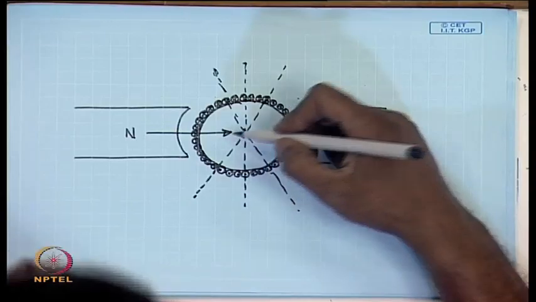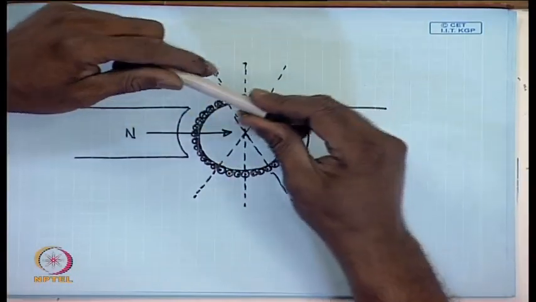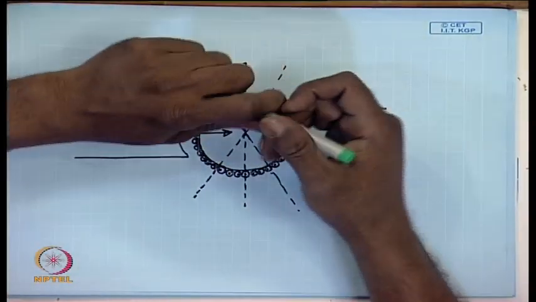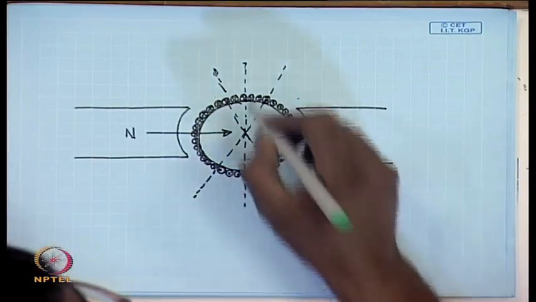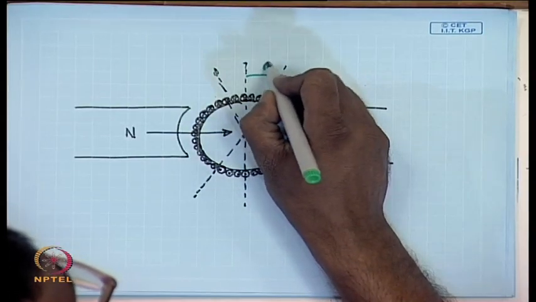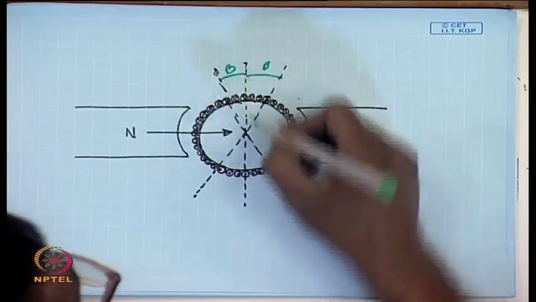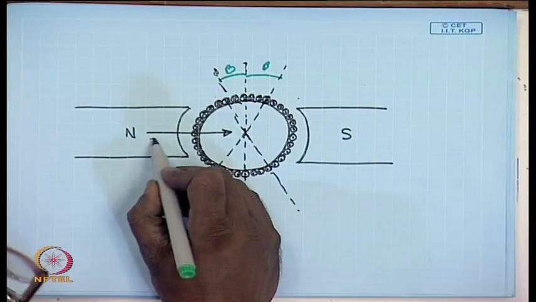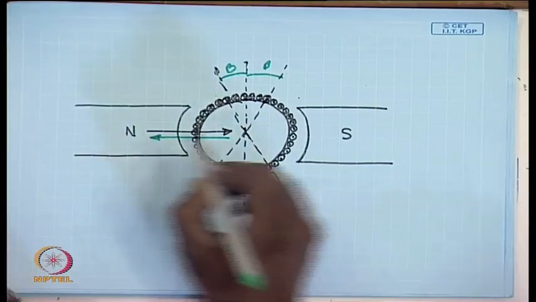However, the flux produced by the armature conductors in this angle beta is in opposite direction to the field flux.